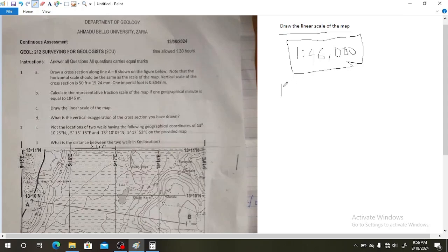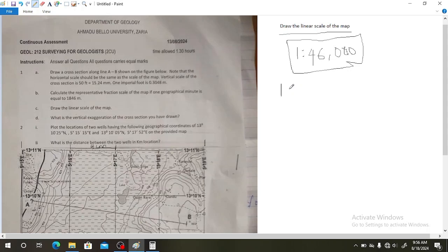Are you getting it? So now what we are going to do is to just say, I want my scale to be in kilometers. That's what I want. You may say I want them to be in meters, but at the end you must identify that actually my linear scale is in meters, either in kilometers or in inches, even in feet.